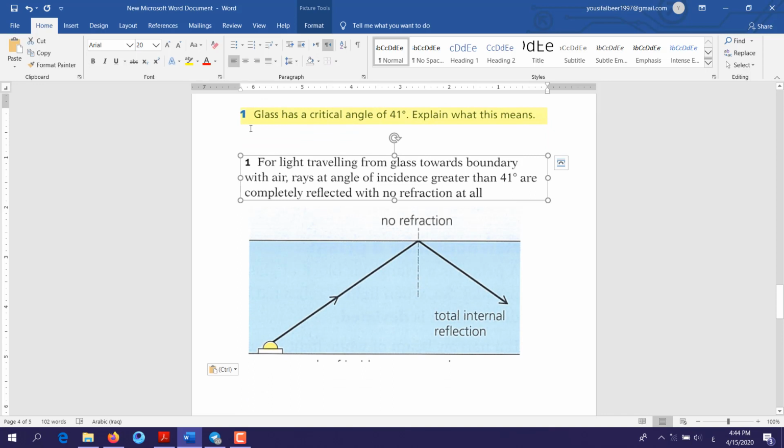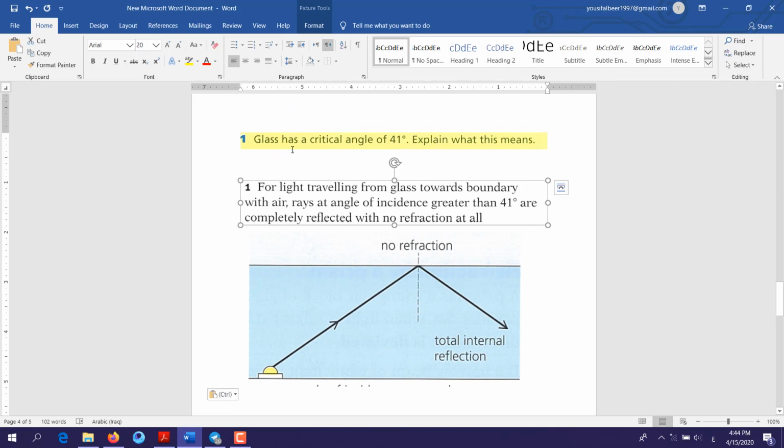Question number 1. Glass has a critical angle of 41 degrees. Explain what this means. The answer: for light traveling from glass toward a boundary with air, rays at an angle of incidence greater than 41 are completely reflected with no refraction at all.